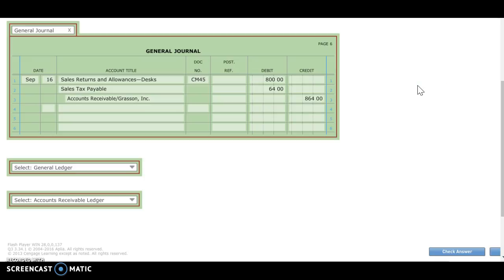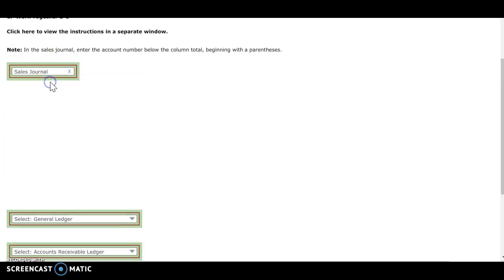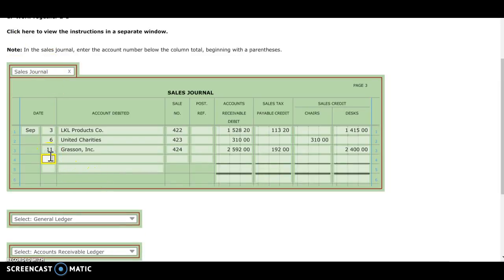On September 23rd, we sold 10 chairs on account to LKL Products Company for $3,650 plus sales tax and sales invoice 425. So we're making another sale. I'm going to go back to my sales journal. This is the 23rd. I'm selling to LKL Products again. My sales invoice number is 425. And it looks like we're selling chairs, so I'm going to go to my sales credit chairs column, and we're selling $3,650 worth.